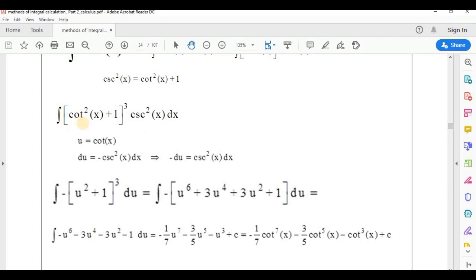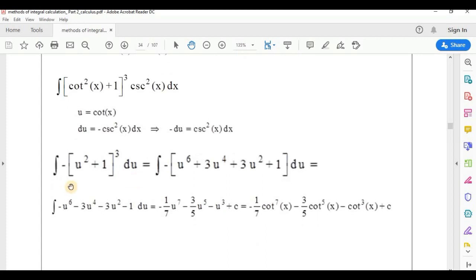We will take this function for our assumption, so u equals cotan x, and after taking the derivative of both sides, we will get du equals minus cosec squared x dx. And after multiplying the negative sign on both sides, we will get minus du equals cosec squared x dx.